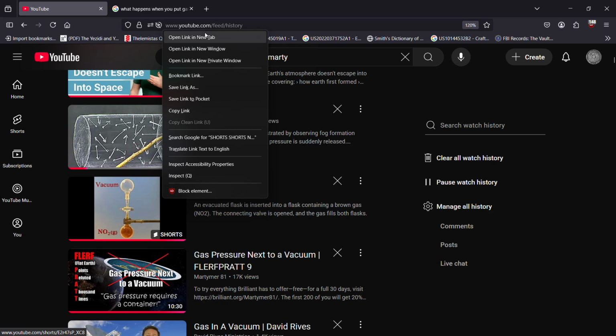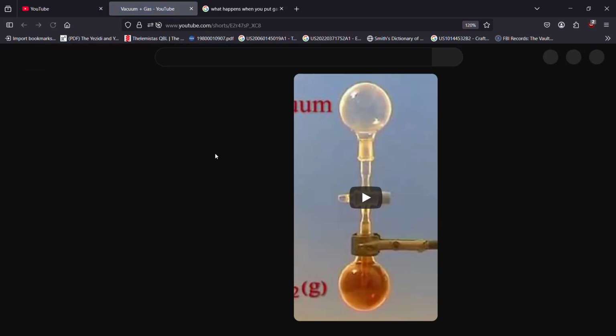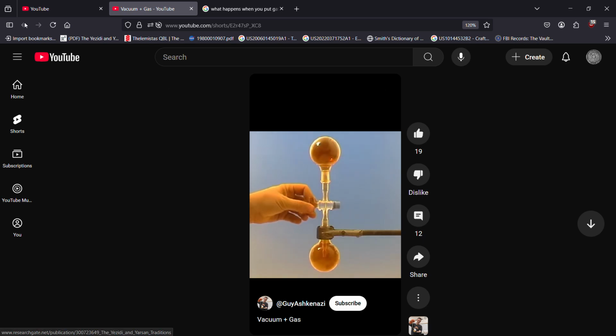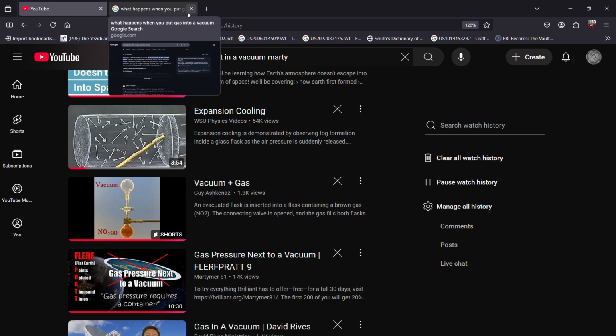Here you can see the action of gas expanding into a vacuum. Vacuum, no vacuum. Vacuum, no vacuum. And boom, gas is expanding to fill a vacuum. Here, gas pressure next to a vacuum.